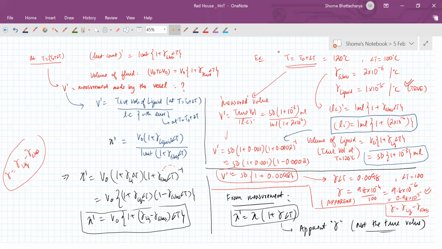Oh, right, wait. There is some calculation thing here. It is not this. It's going to be 8 into 10 raised power minus 6, not 9.8. It's going to be 8. So we'll have to just check my calculation here. Yeah, my mistake.